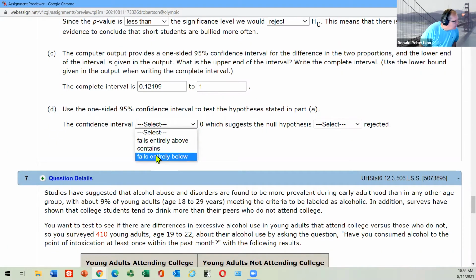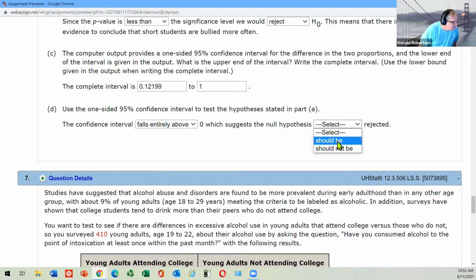Now, since the confidence interval falls entirely above 0, the null hypothesis should be rejected. Remember, we did confidence intervals, and if everybody was positive, that meant one thing, and if everybody in the interval was negative, that would mean another thing.